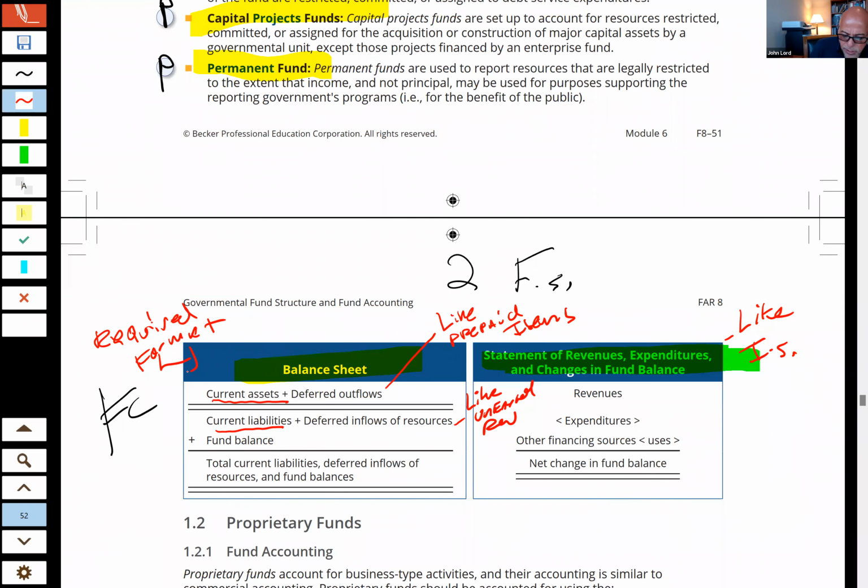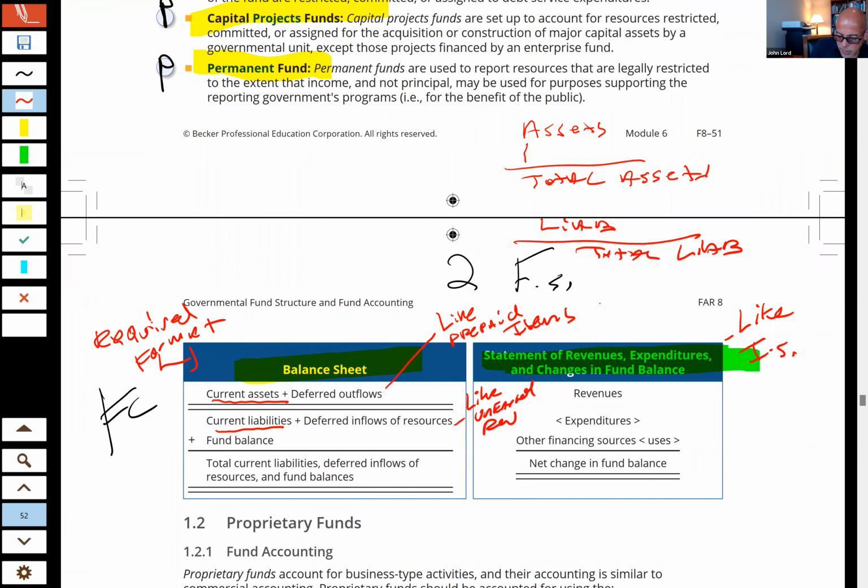Have you ever looked at a balance sheet and seen it written in a manner where they give you the assets, they list whatever those are, and then they show you the total assets, and then they show you the liabilities, and they give you the total liabilities. And then they give you the stockholders' equity.